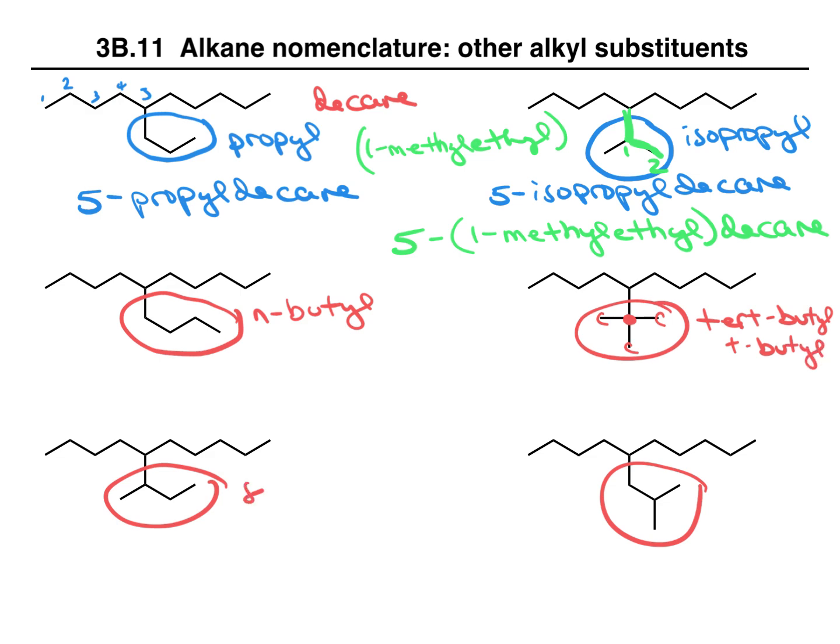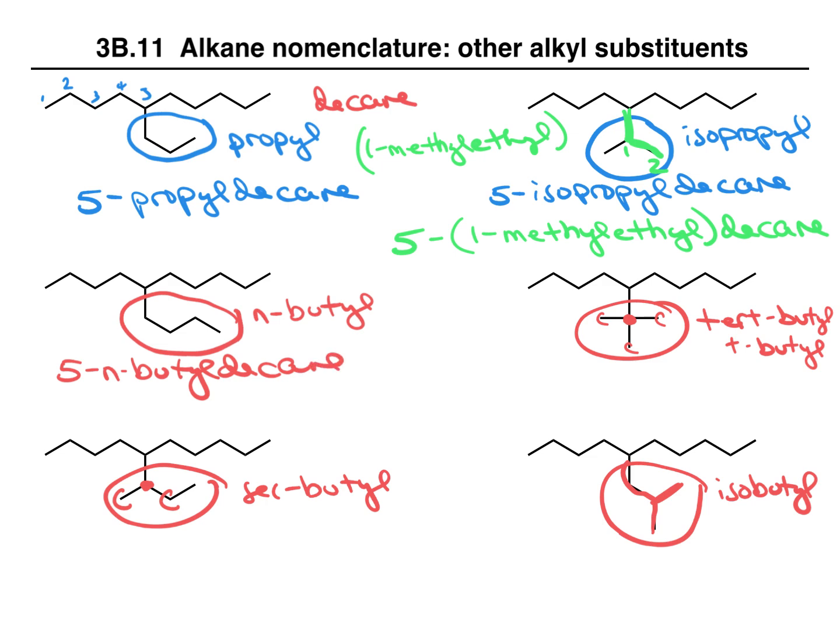This one is called sec-butyl because the carbon that meets the main chain is connected to 2 other carbons, so it's a secondary. And this one would be called isobutyl because we have the methyl group off of the second carbon at the end. So this would be 5-n-butyl decane. This one would be 5-t-butyl decane, 5-sec-butyl decane, 5-isobutyl decane.